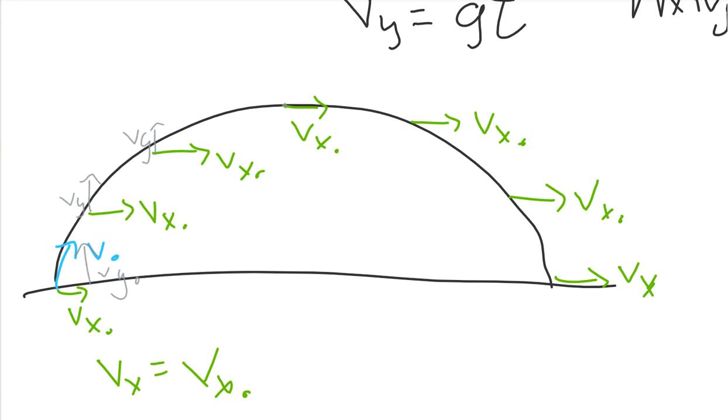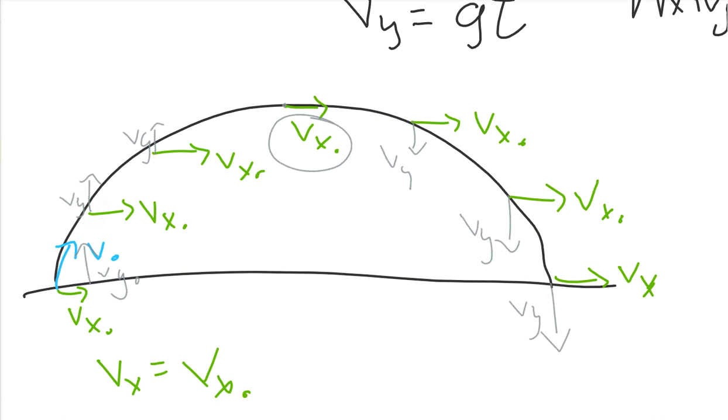The y velocity is 0. Sometimes you're asked, what is the velocity at the peak? And the velocity at the peak is only equal to this Vx0. So the projectile is still moving, only in the horizontal direction at that moment. Then we start to come down and we have Vy, and the speed increases as we move further under the influence of gravity.